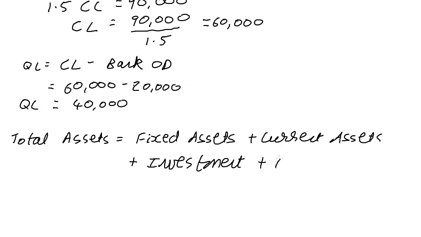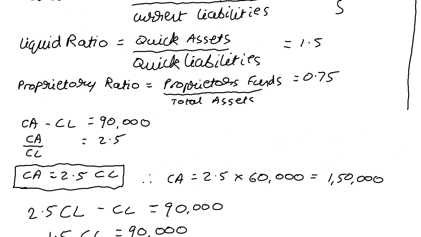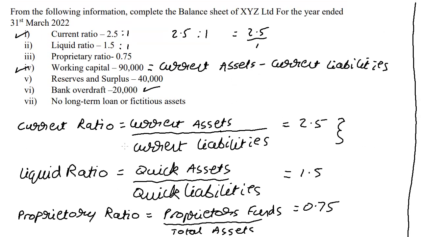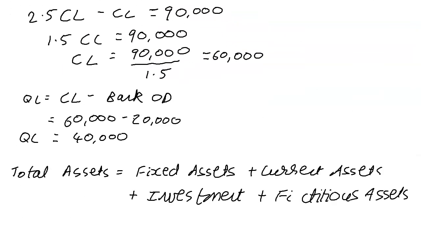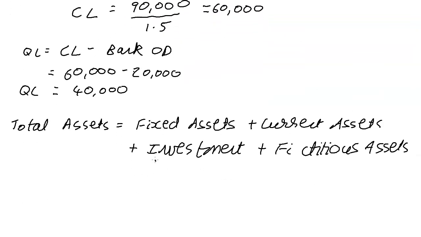plus fictitious assets. The question specifically says, if you have a look at the last adjustment, there are no fictitious assets, and neither has there been any mention about any form of investment. So I can assume that both of these numbers are 0.